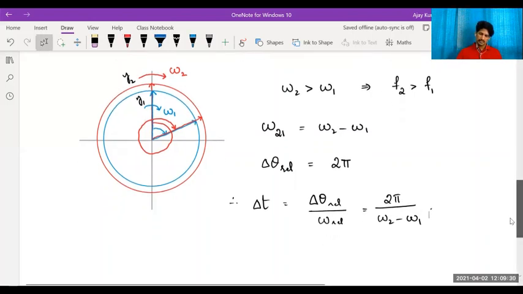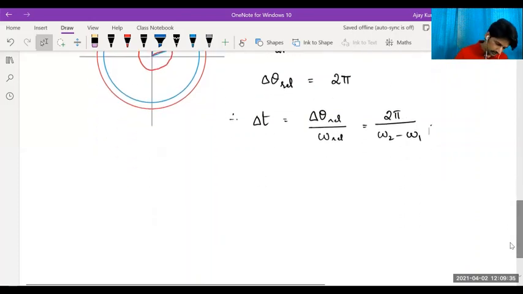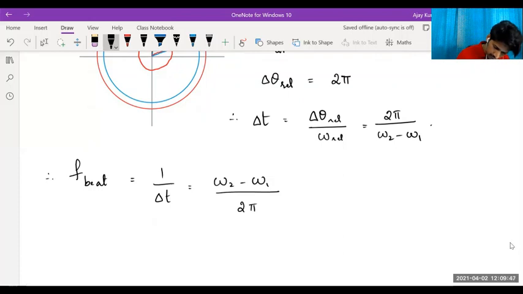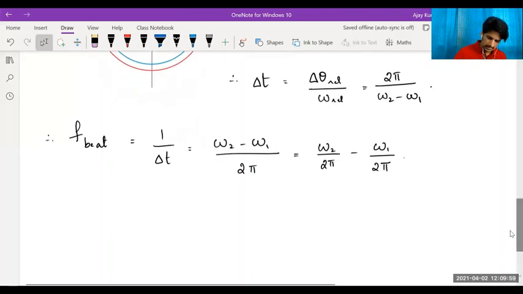Now, since we have derived the time interval, the inverse of this will give us the beat frequency. So we can now write the beat frequency as omega 2 minus omega 1 divided by 2 pi. If we split this, it is omega 2 divided by 2 pi minus omega 1 divided by 2 pi. And as we already know, omega divided by 2 pi is nothing but the frequency of the wave.